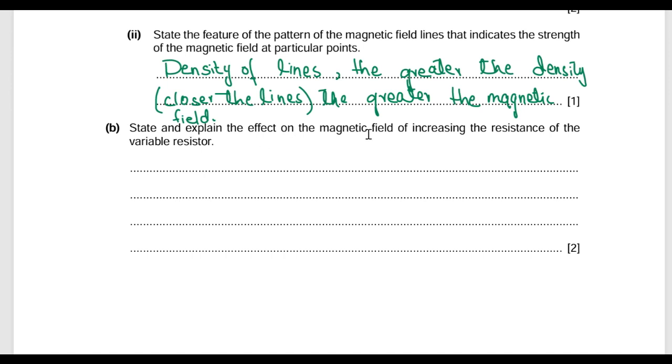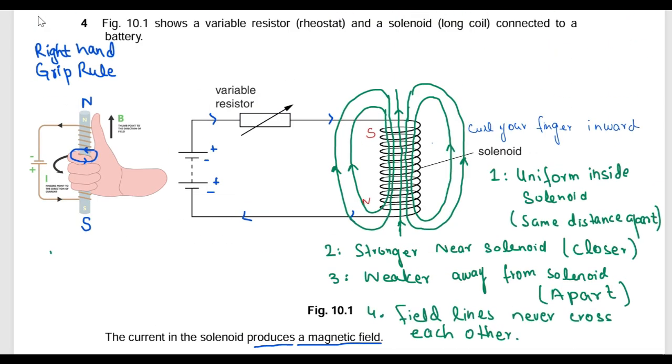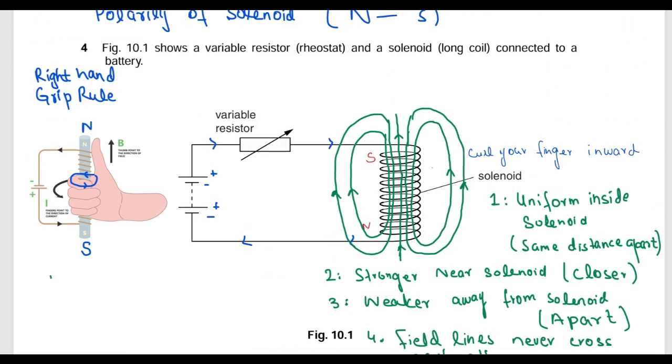Okay, part B is saying: state and explain the effect on the magnetic field if the resistance is increased. So what happens when you increase the resistance? This is a variable resistance, so the resistance can change. When you increase the resistance of this resistor, it will block more current and let less current pass.